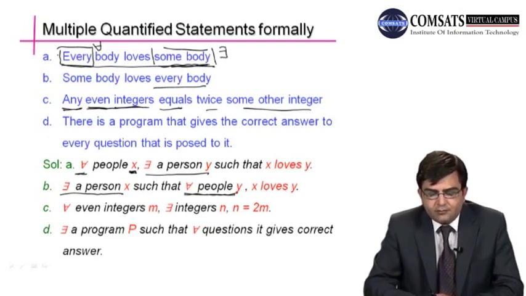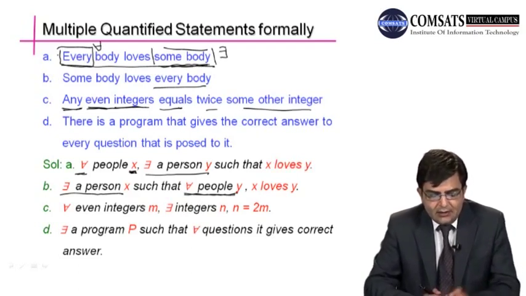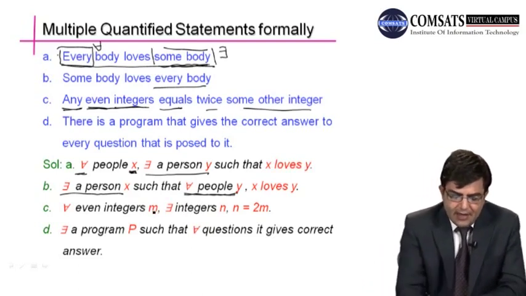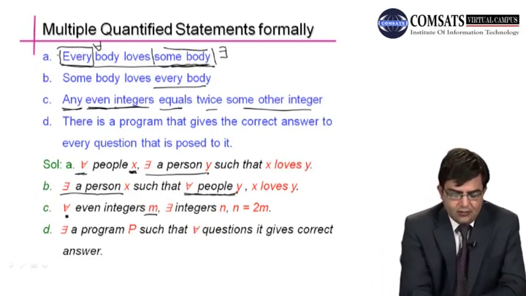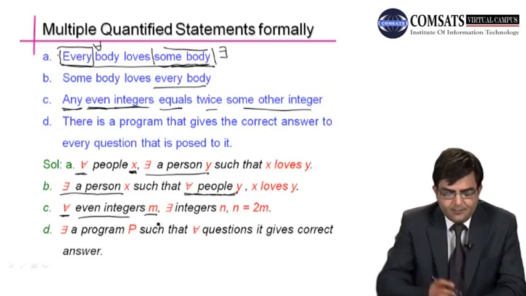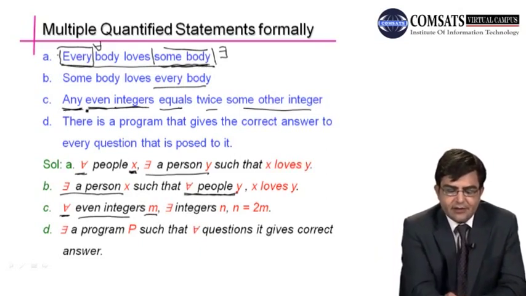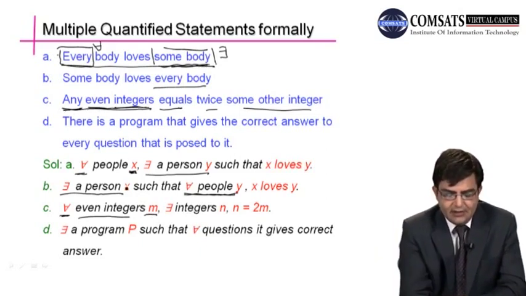Here any means every, whatever the integer is, so we can take it as any even integer. Here we have an even integer equal to twice some other integer. Now how do we translate it into logical form? We take m as an integer and say: for all even integers m. So we have translated the first part of the statement, any even integer.